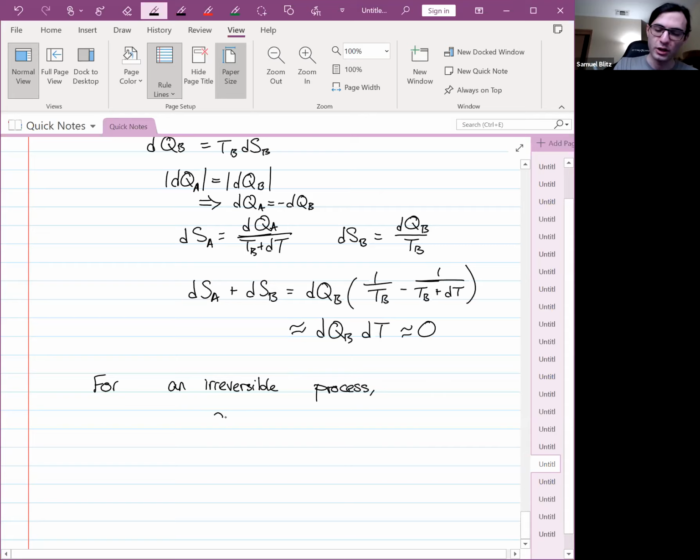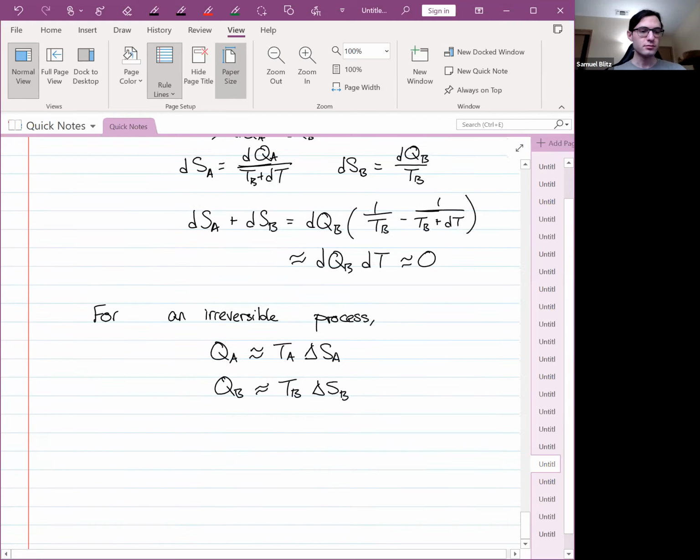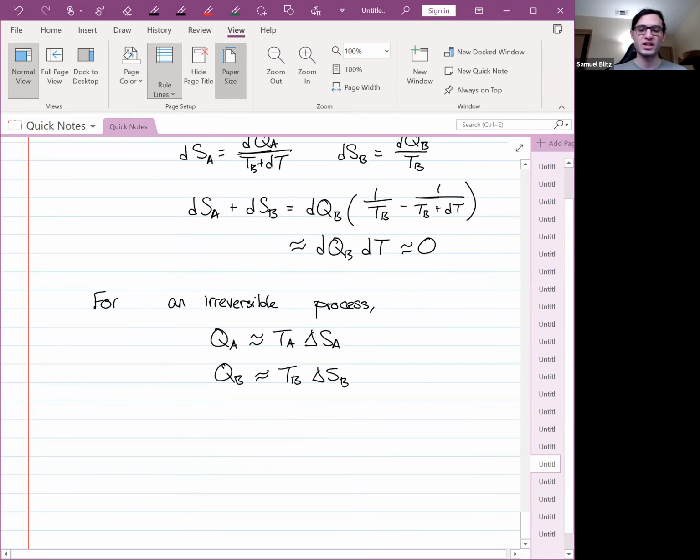we have that QA is equal to TA delta SA, well, it's roughly equal to it anyway. And QB is roughly equal to TB delta SB. And so we can do the same thing again. Now let's look at how the changes in entropy compare.